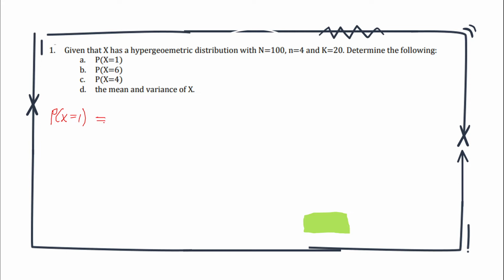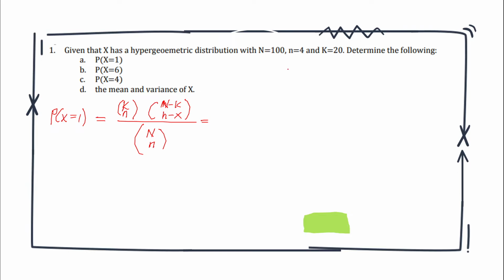So by the use of the formula, we have here K combination of x, times N minus K combination of n minus x, over N combination of n.